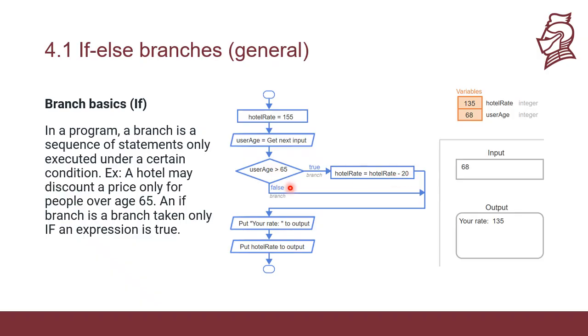If it's false, we skip that and just go down here and put the hotel rate in the output. So you can see that this decision box allows us to do one set of code in one condition and another set in another. This evaluates to true or false. So we're just testing this Boolean expression. This is a relational expression. It's greater than for true or false.